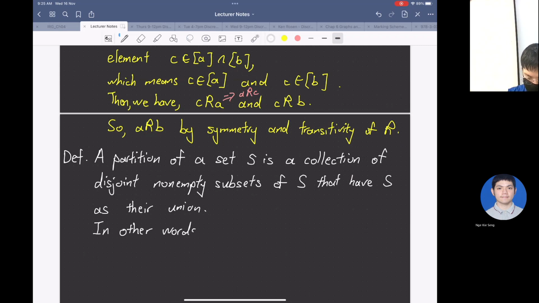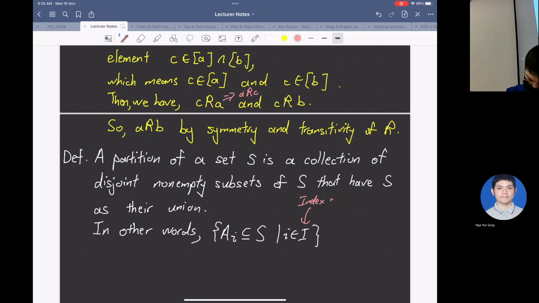In set theory, how do you write it down? Let's say you have a set of subsets called A_i. These are the subsets of your set X, and I is just some index set, a subset of the natural numbers, an ordered set.